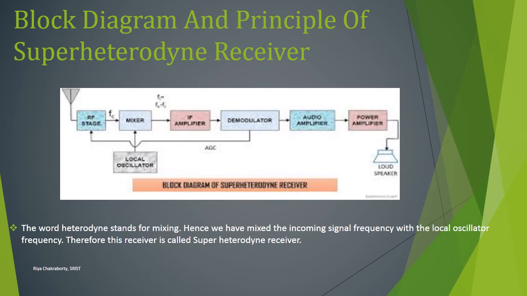This means that the IF amplifier determines the sensitivity and selectivity of the superheterodyne receiver. Actually, the sensitivity and selectivity of the superheterodyne receiver are quite uniform throughout its tuning range.